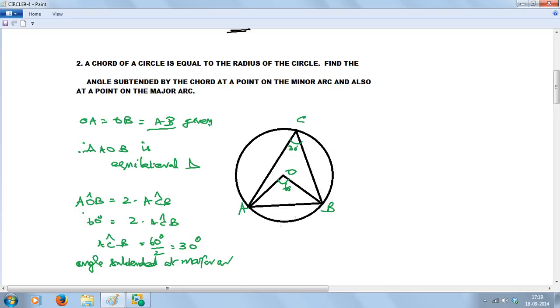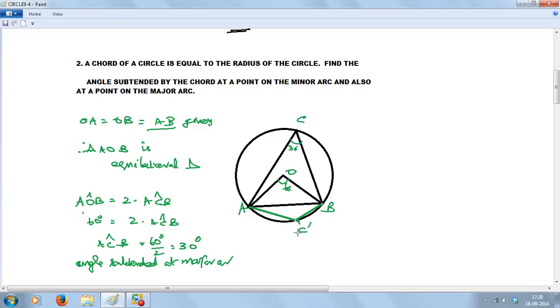What about the minor arc? We'll take some point C dash. We'll make some construction. We'll join A, C dash and B, C dash. Now, what is this angle?